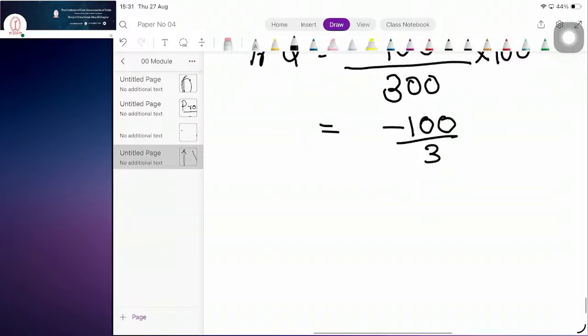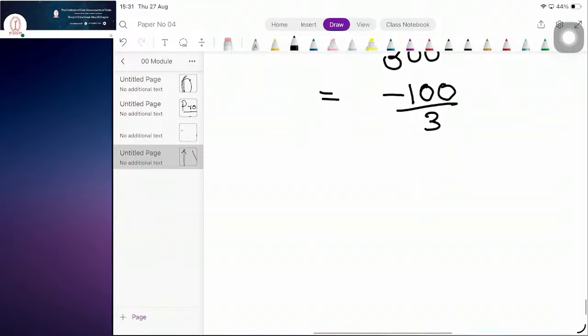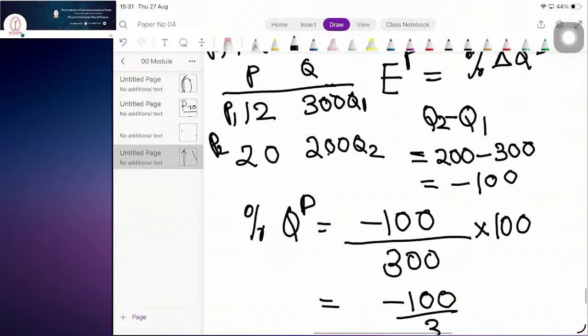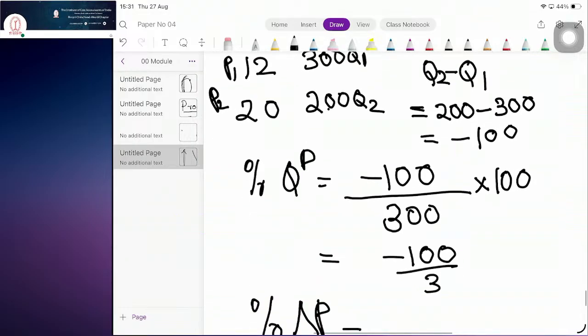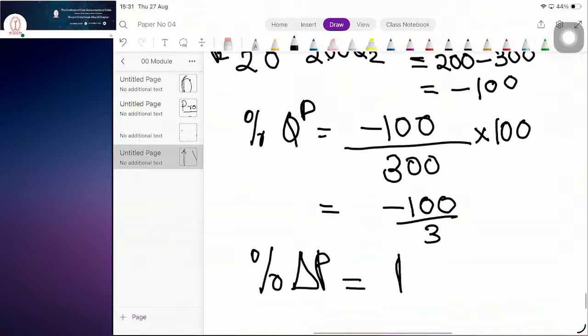Okay, now all of you calculate percentage change in price. P2 was 20. So calculate that 20. Delta P is, yes, very good.